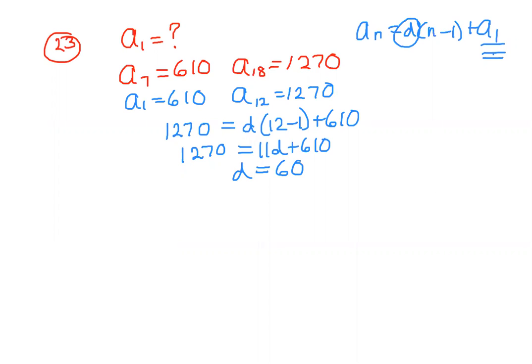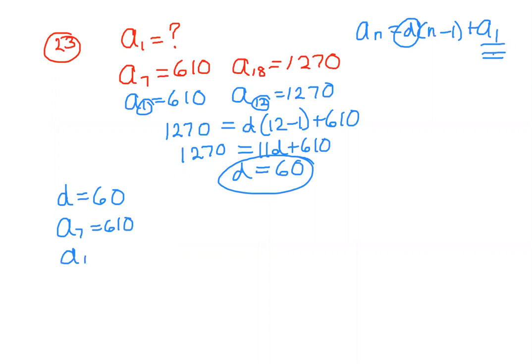So now I just changed these to 1 and 12 just to find what D is. So now I'm going to go back and say D equals 60, A7 equals 610, and A18 equals 1,270. And I am looking for A1.